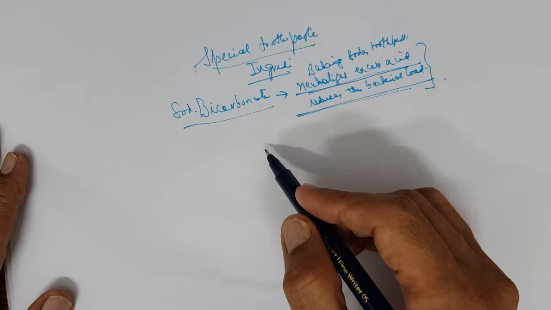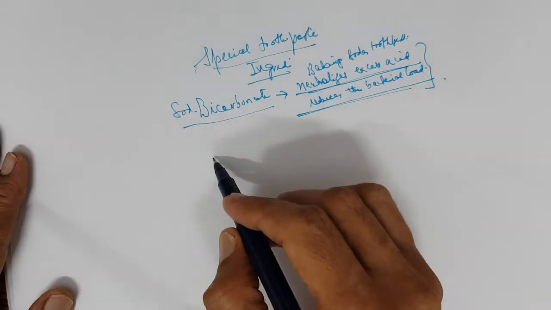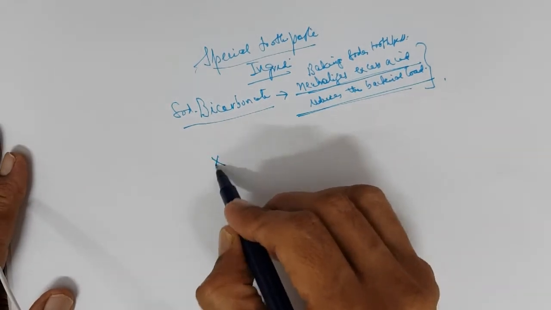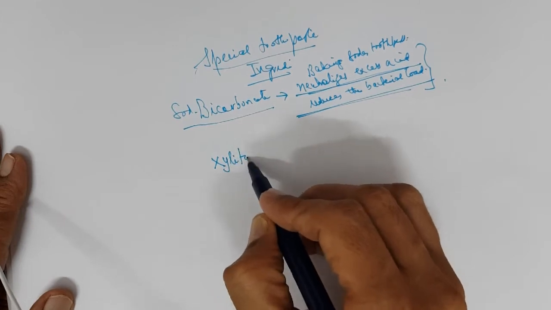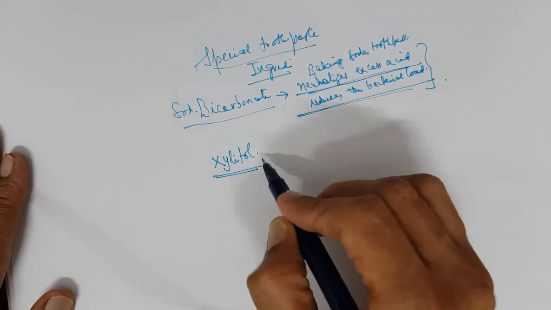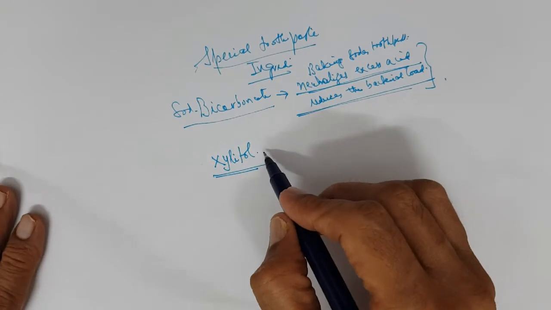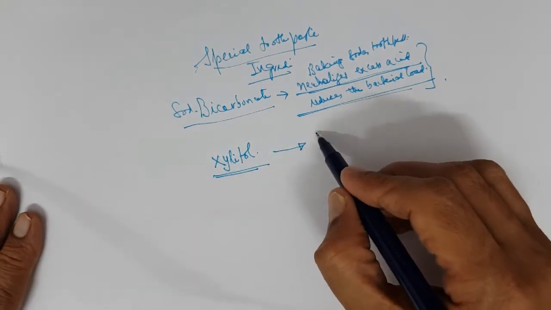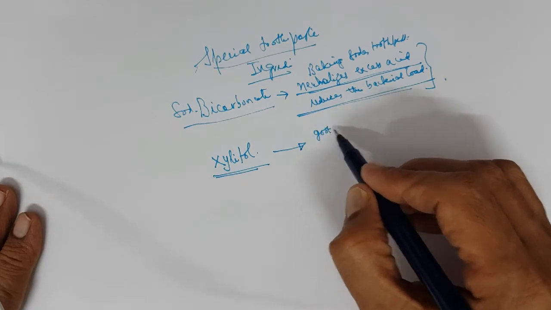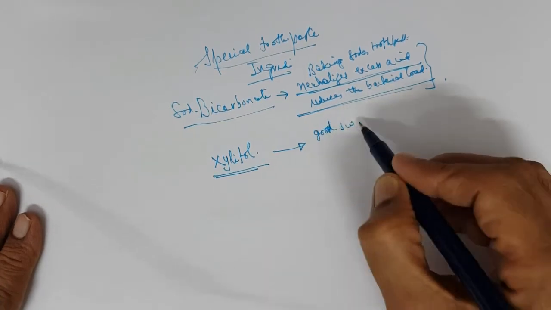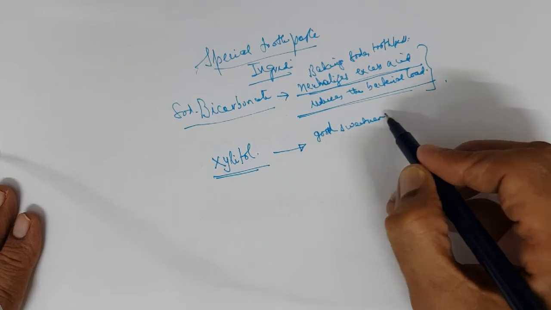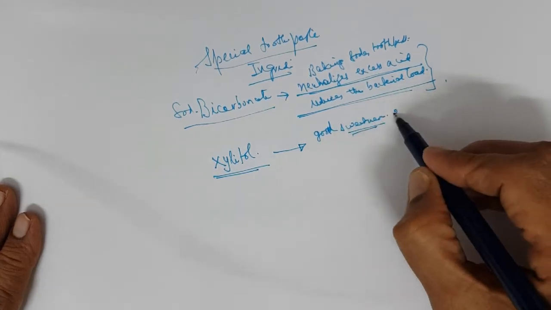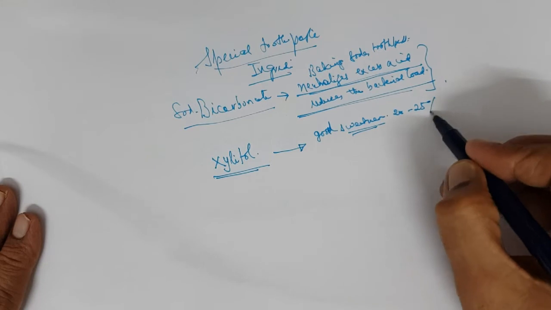The other thing is xylitol. It's a polyol, naturally available. So xylitol is a good sweetener in toothpaste, but it has to be used at a high level, 20 to 25%.